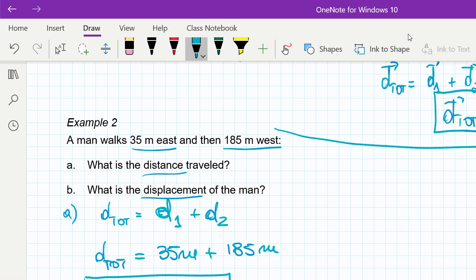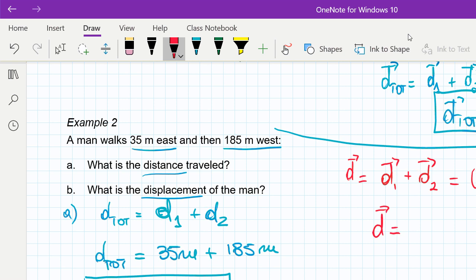But when you are calculating the displacement, that will be d1 plus d2. Okay, those are vectors now. So going east is positive 35, plus going west is negative 185.